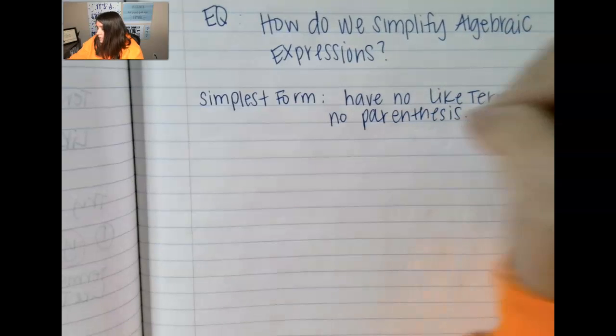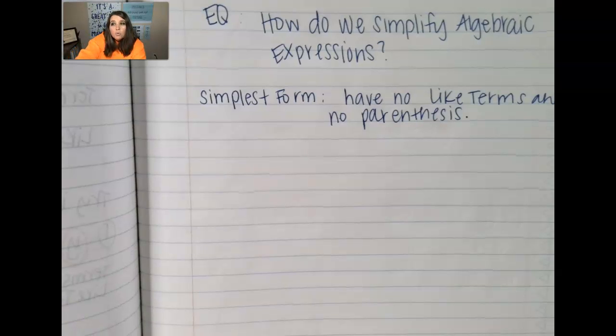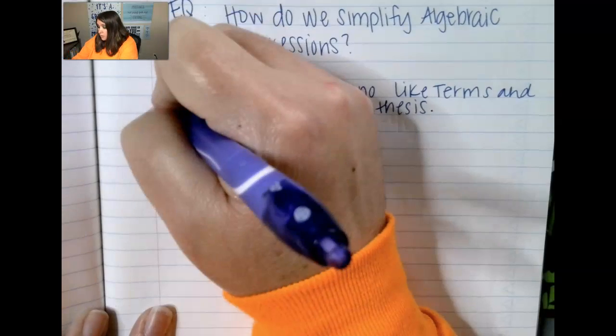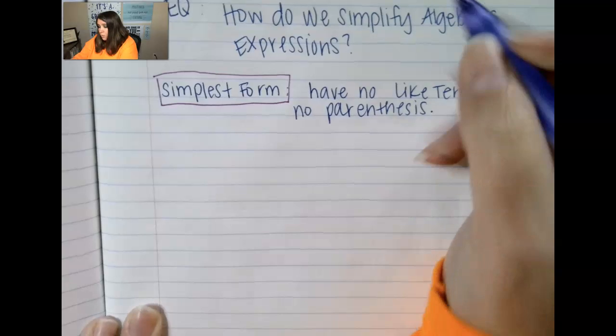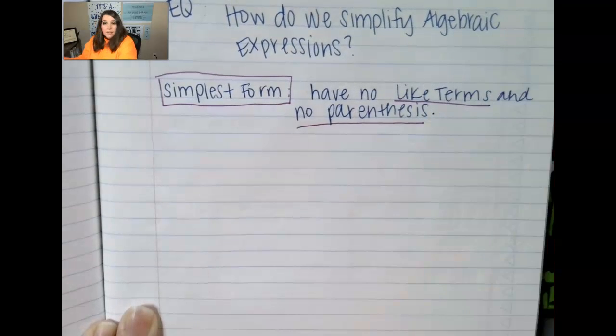So you've solved it down as far as you possibly can solve it without knowing what the variables are. So simplest form is the algebraic expression when it has no like terms and no parentheses.